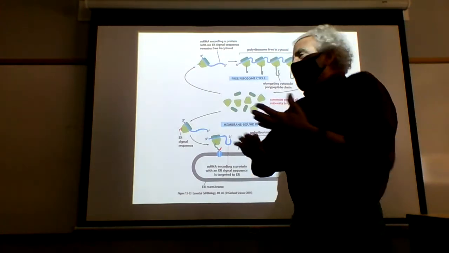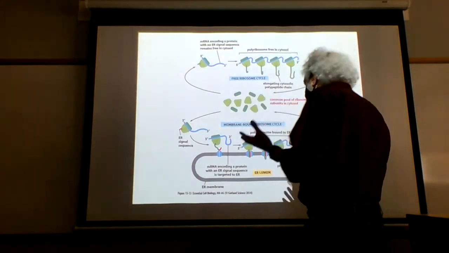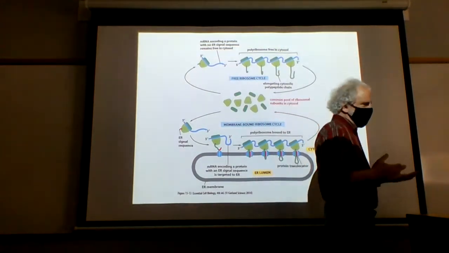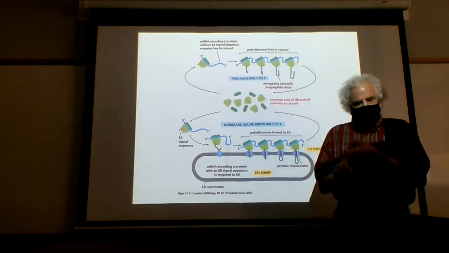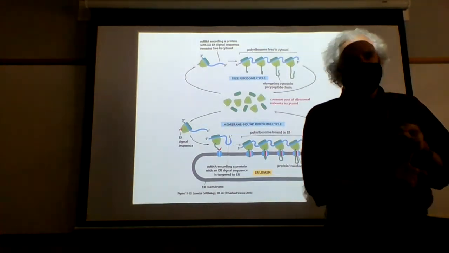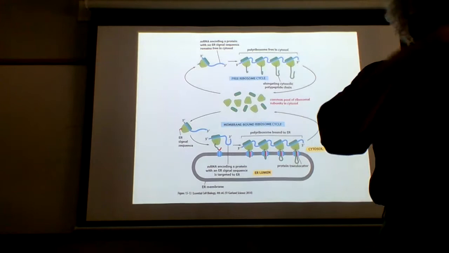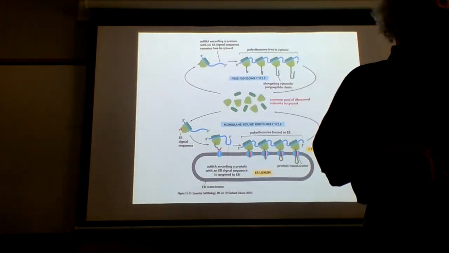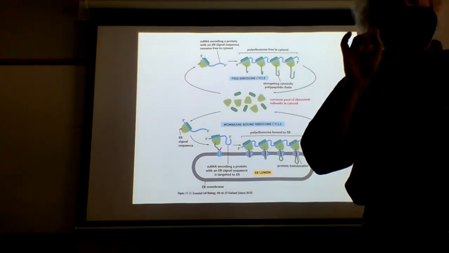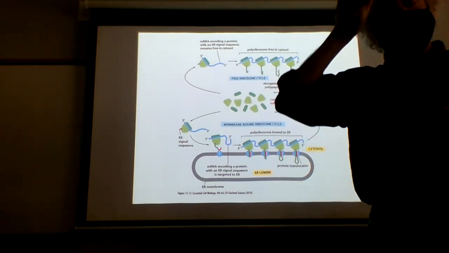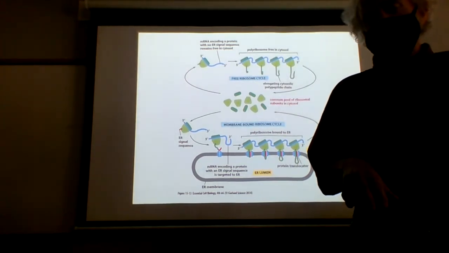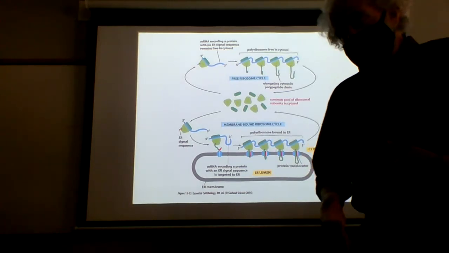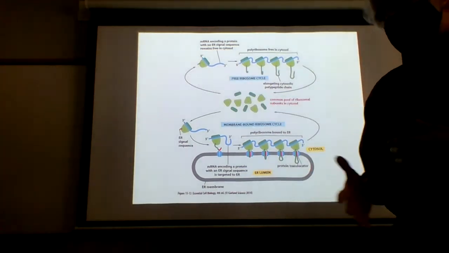And so we have two primary mechanisms by which we can localize proteins. One is after the protein's been translated, it gets targeted to the nucleus or to the mitochondria. And then we have another mechanism that is, as the protein is being translated, it's being targeted. And so we have post-translational translocation or co-translational translocation.